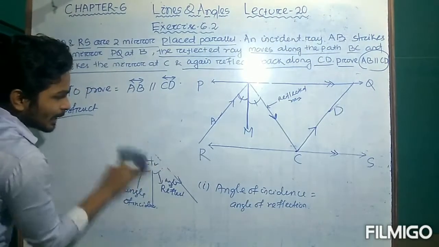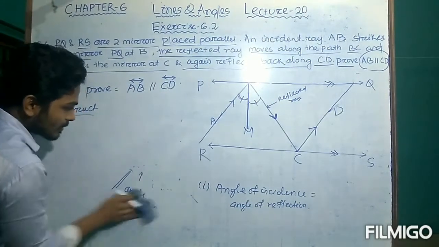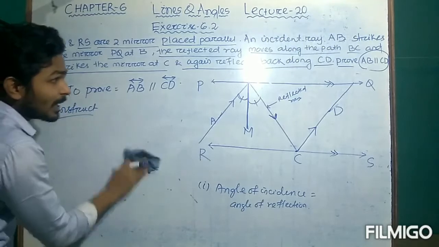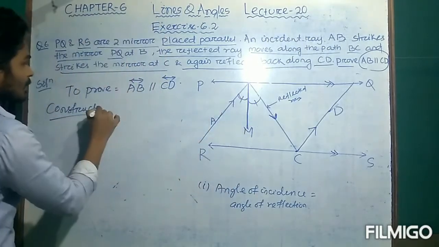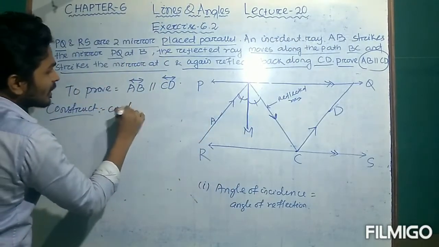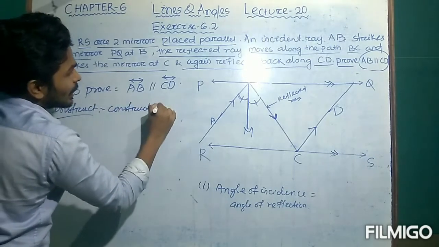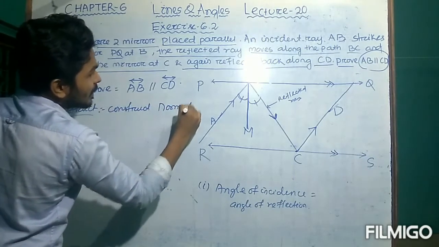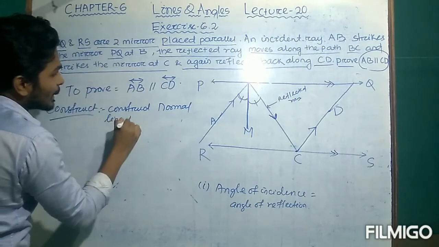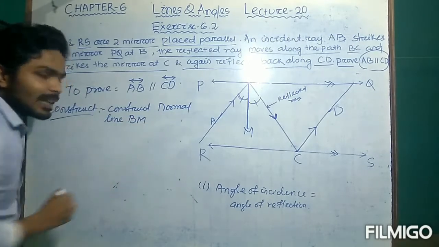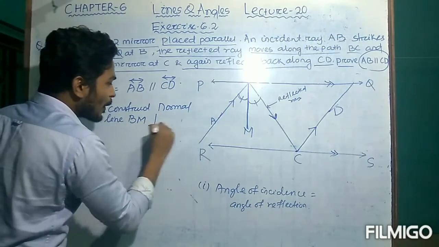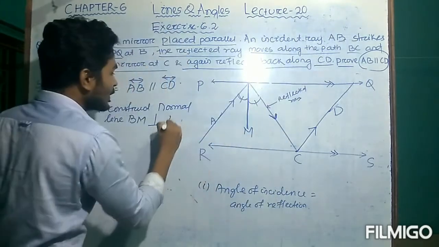So we will first construct a normal line BM, which is perpendicular to the mirror PQ.